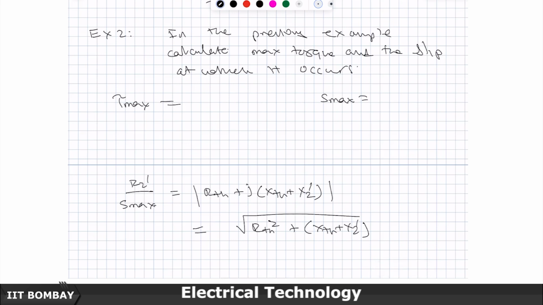At the end of the last class, if you recall, we had done a very large derivation for it. We took the torque expression, then we took its derivative and set it to 0, then we found out the S, then we found the maximum torque that comes out of it, because maximum torque will correspond to a stationary point.